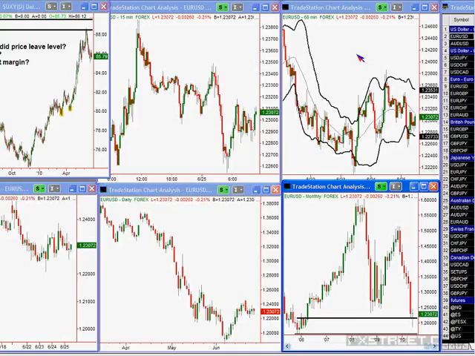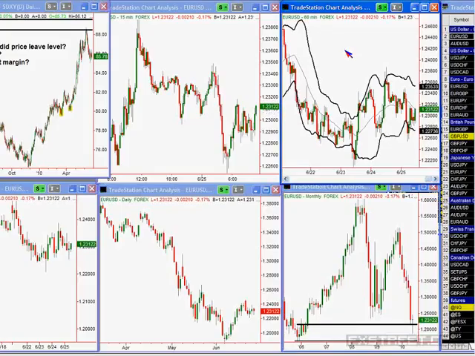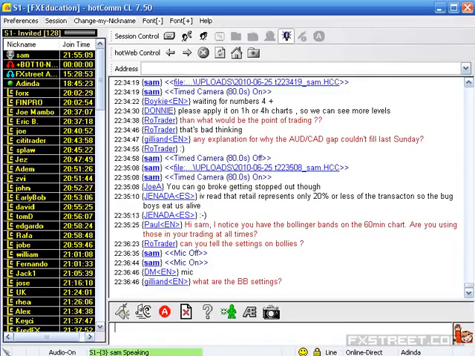It's the same concept that we just talked about with the supply and demand levels, but we're adding Bollinger Bands to that. So if price is piercing an upper or lower Bollinger Band and hitting a supply or demand level with a significant profit margin associated with it, then that becomes a higher odds trade.